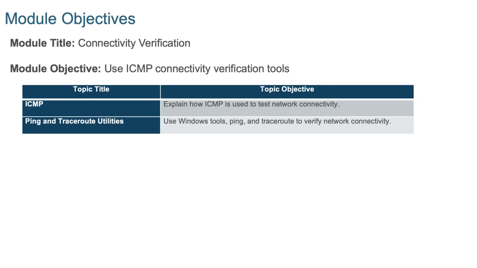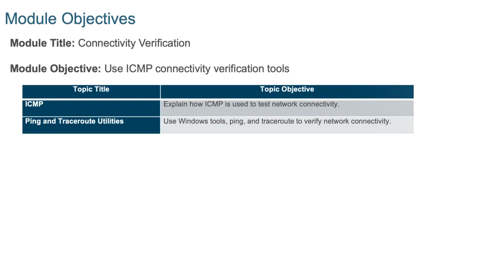In this, we try to identify and explain ICMP, how it is used to test the network connectivity, whether the hosts in the network are reachable or not. Then we use some commands, the ping command or the traceout utility command, to trace out the network verification.